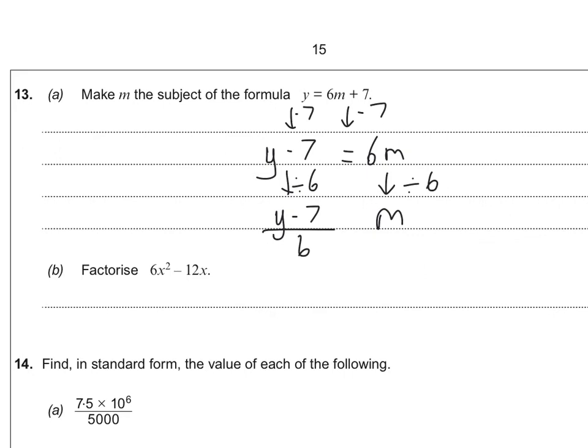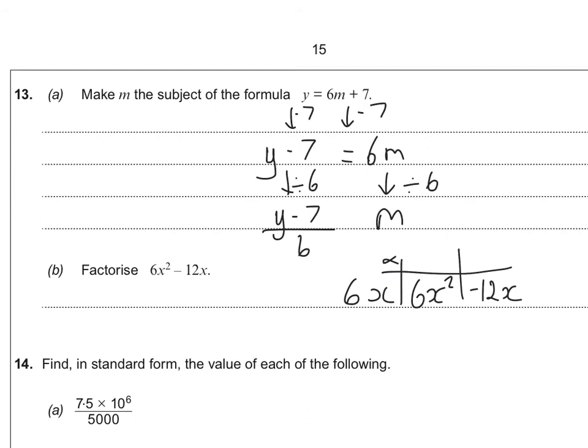Factorise 6x squared, take away 12x. So looking at our factorisation skills, we're looking for common factors. So we've got 6x squared, take away 12x. Is there a common factor, a number that divides into both 6 and 12? The answer is yes, the answer is 6. And is there a factor of x in both? Is there an unknown x which goes into x squared and x?